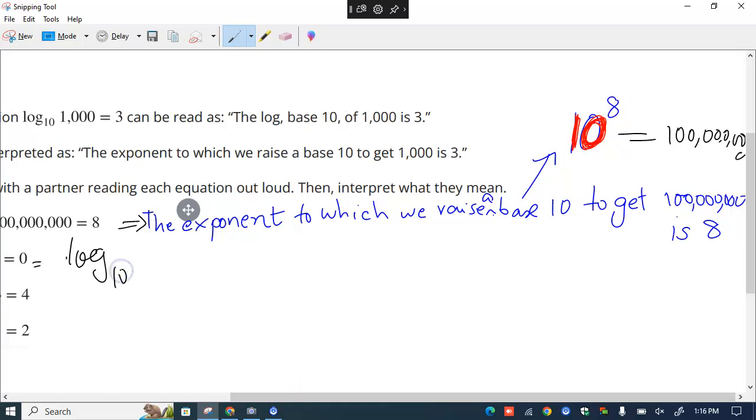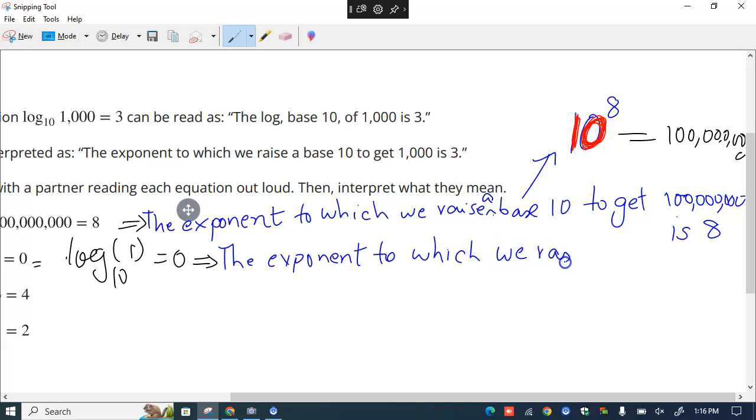So the log base 10 of 1 is 0. What does this mean? Same thing, let's write down the words: it is the exponent to which we raise a base 10 to get 1. So you already know what I'm doing, right? It's easy.